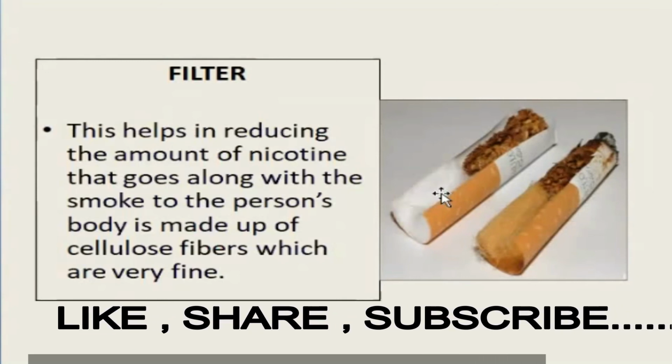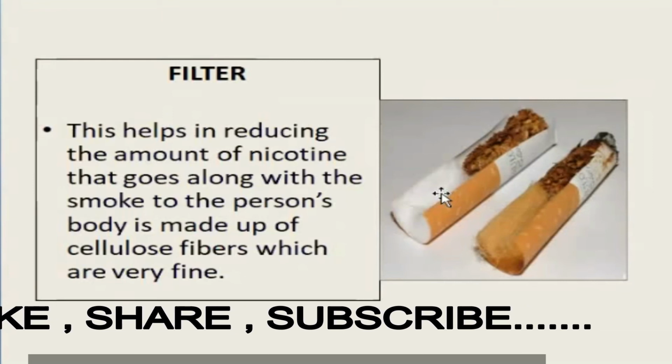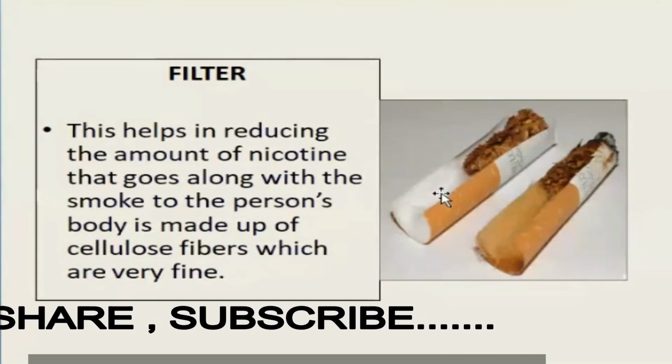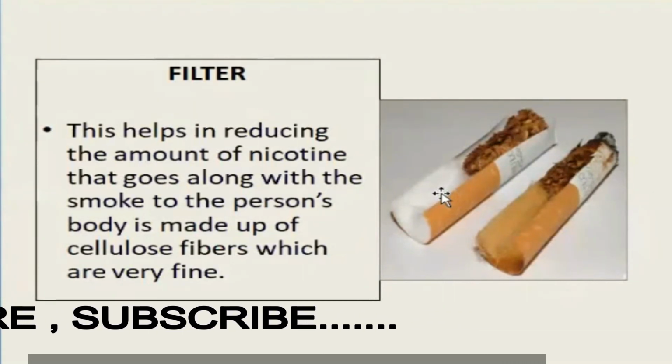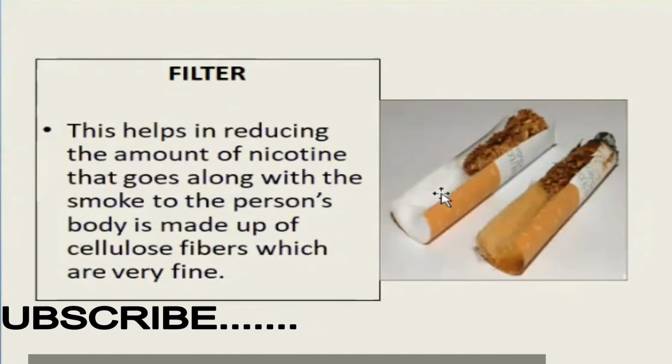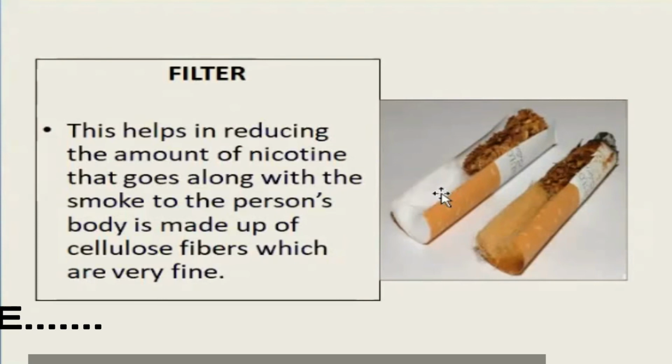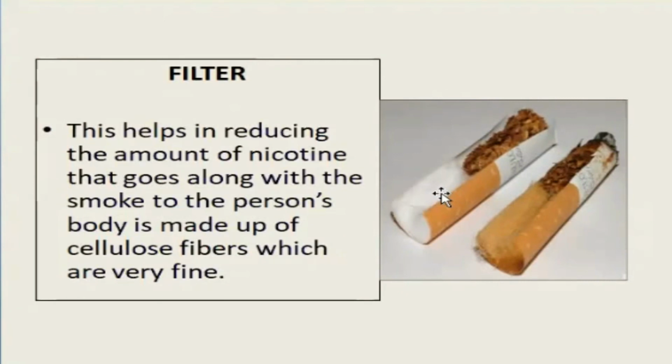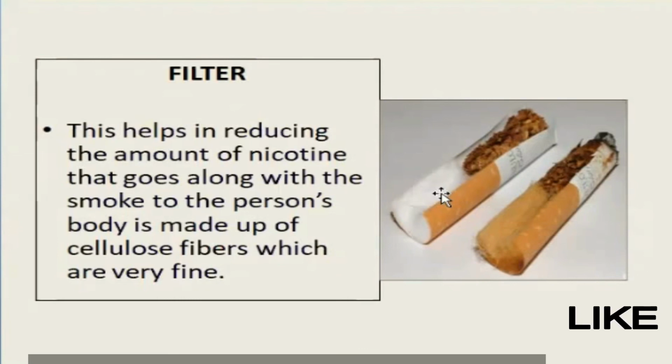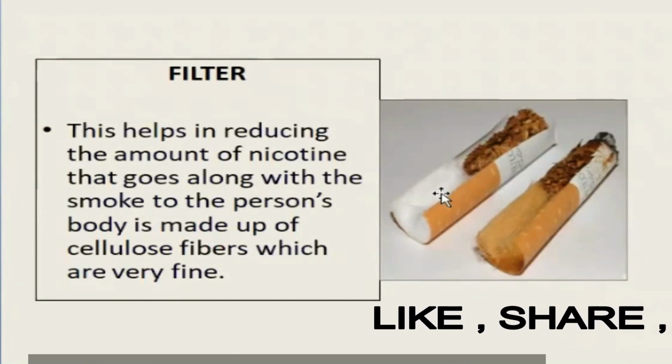That is the reason if you take two packets together, a very expensive kind of cigarette and a very cheap kind, and take one out of each, you will see the low cost one always has a very small filter, but the expensive one will have the tall one.